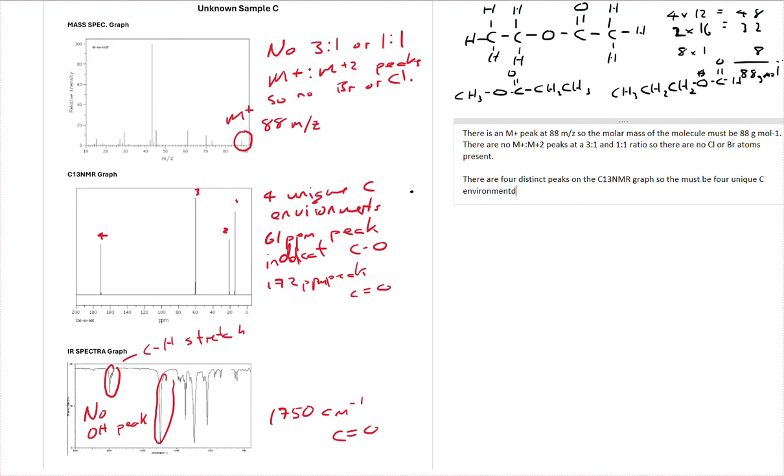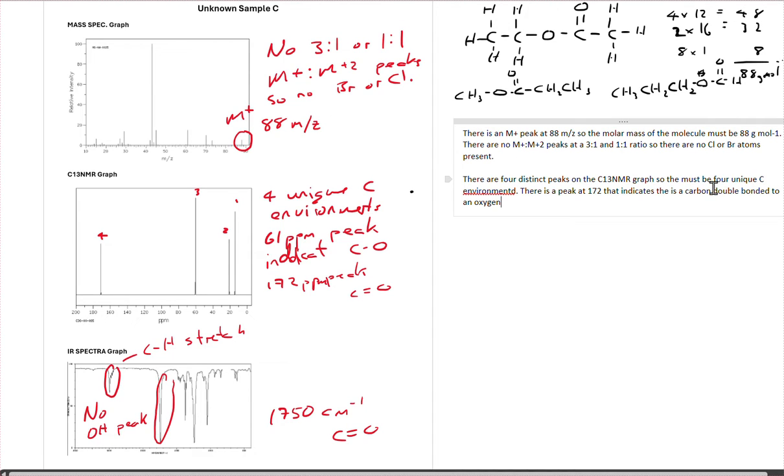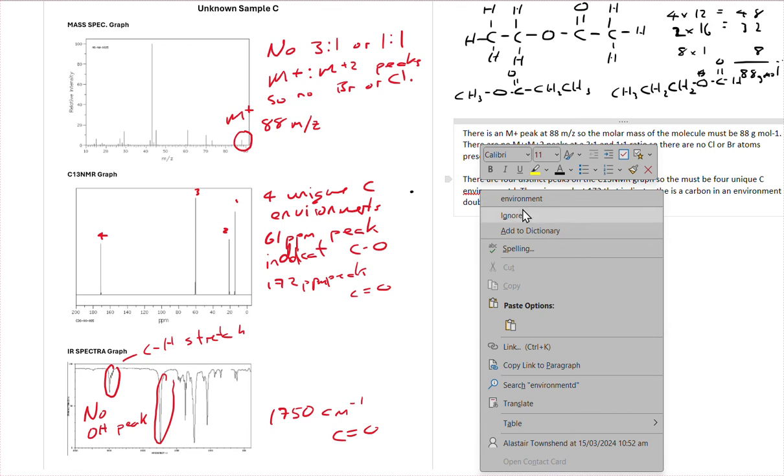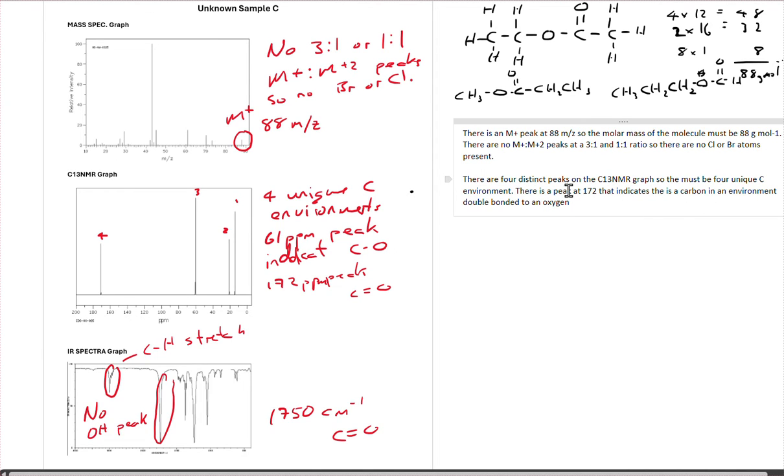Also, we can say that there is a peak at 172 that indicates there is a carbon in an environment where it is double bonded to an oxygen.